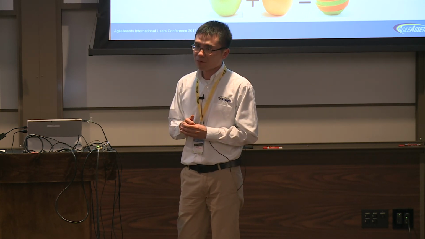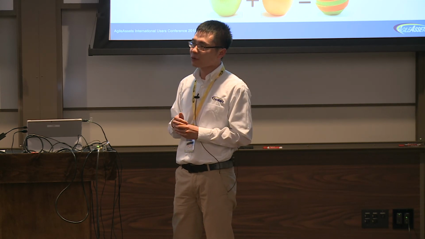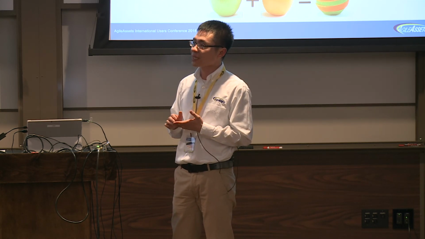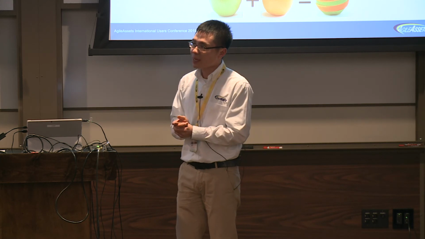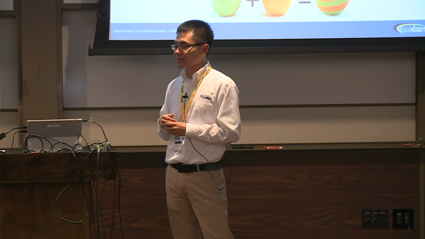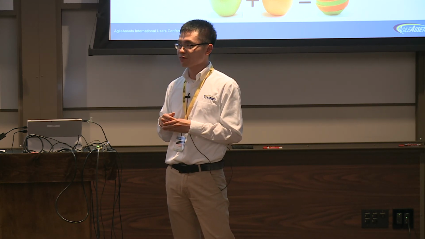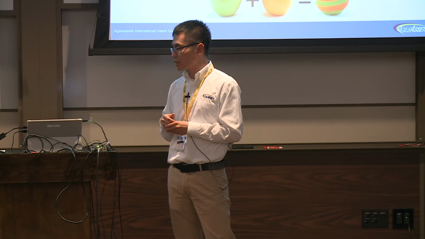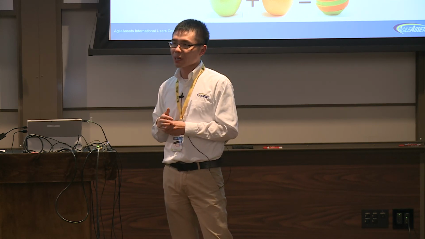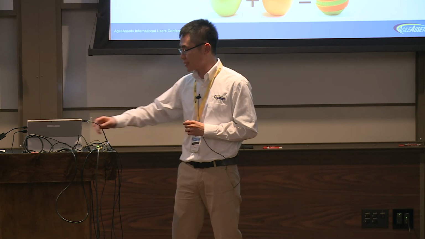Intuitively, this is a very straightforward method and should be very easy to do. But in reality, we found that calculating all the possible efficient frontiers is very resource intensive. It's almost impossible to do.